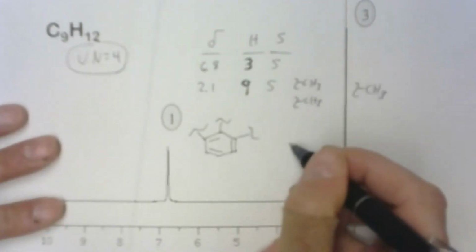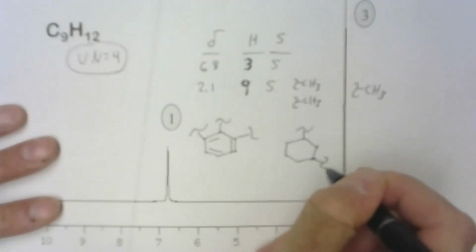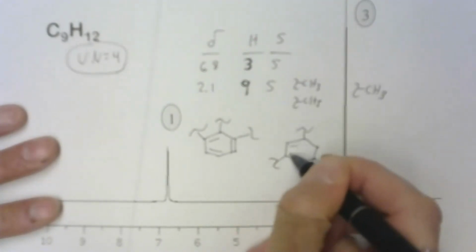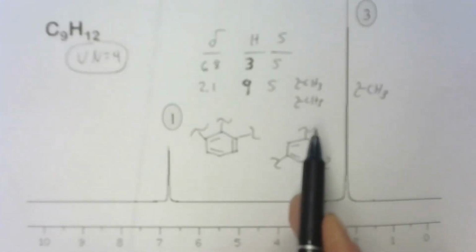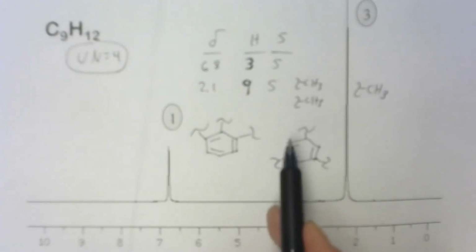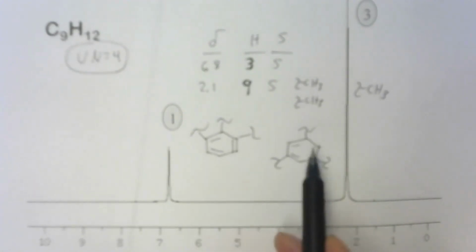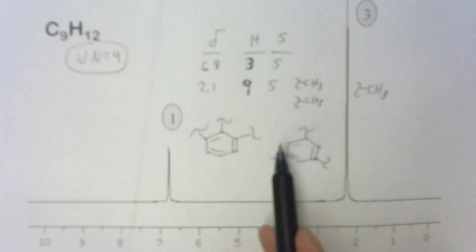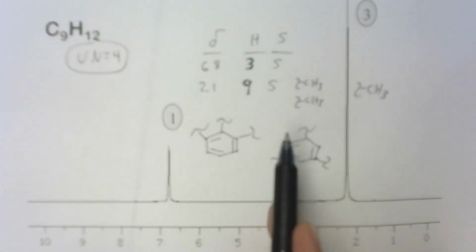And the answer is, there we go. Because if you do this kind of tri-substituted benzene, now these H's are all separated from each other, and you'd expect a singlet, right? So this is what it's going to be. It's going to be a benzene with 3 attachments that are all connected to methyls, and they're all separated from each other.